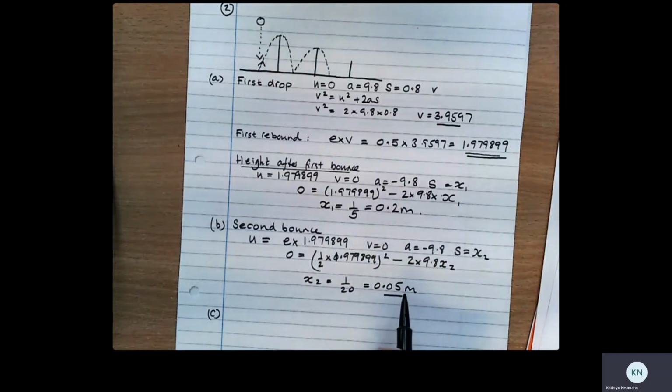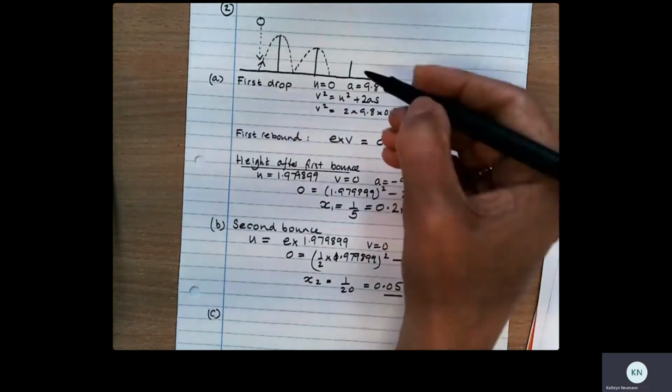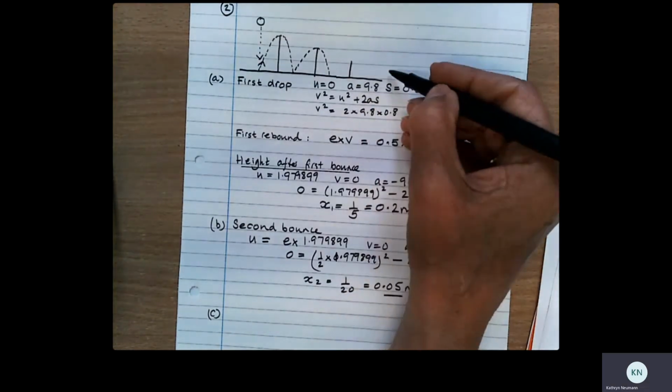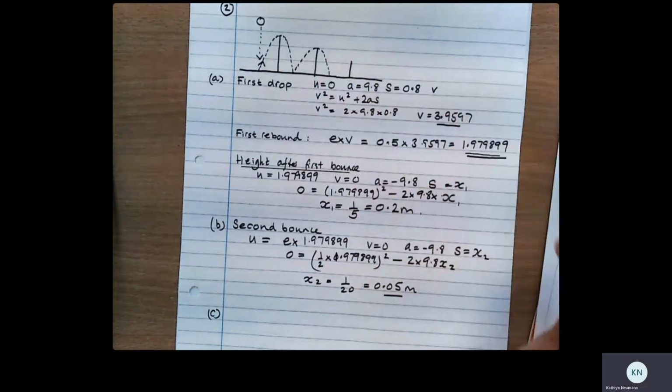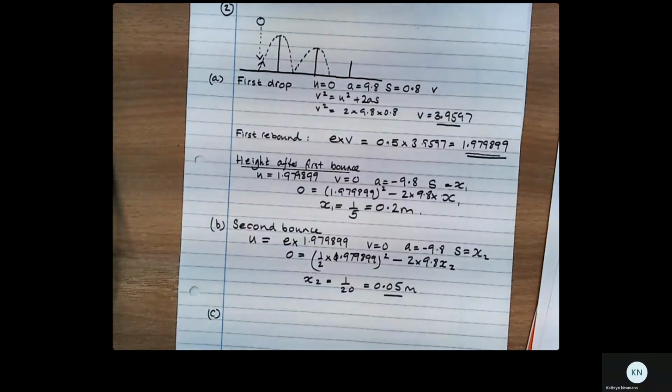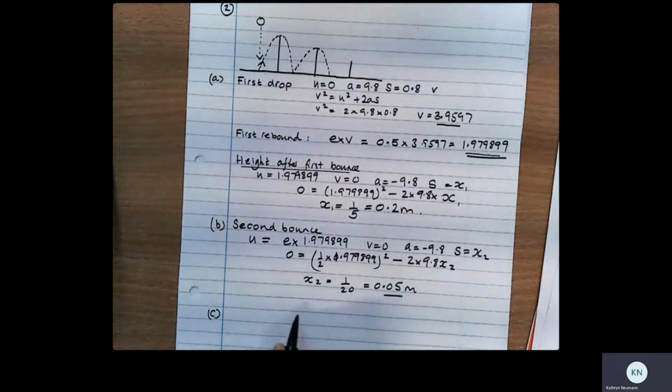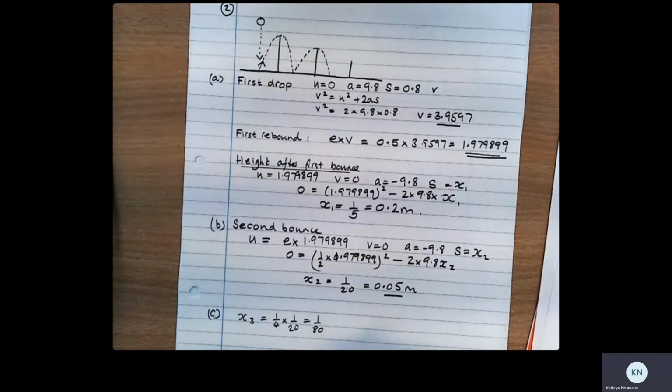So the third height will be a quarter multiplied by 1 over 20. So each time it rises to a quarter of the height before. So we could write in here, x3 will be 1/4 times 1 over 20, so that's 1 over 80. But it wants the total distance travelled, so let's think what that's going to be.